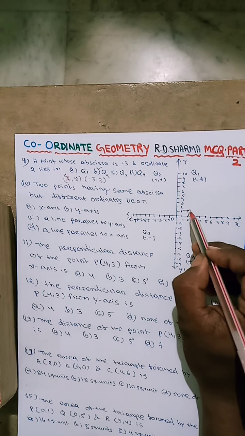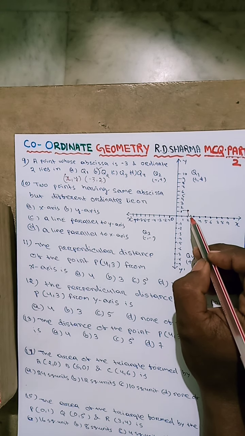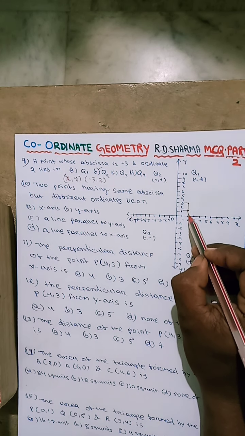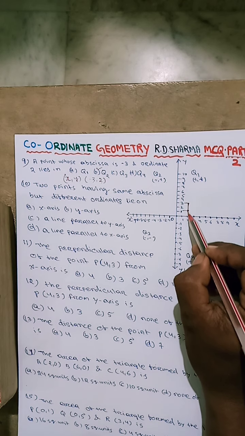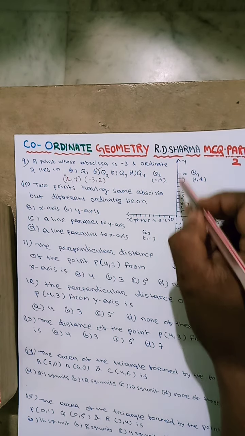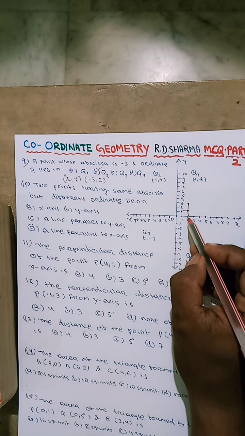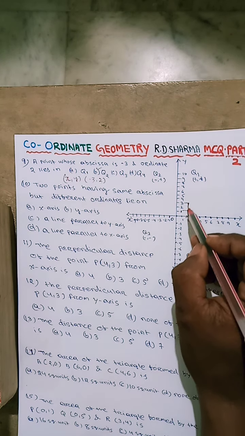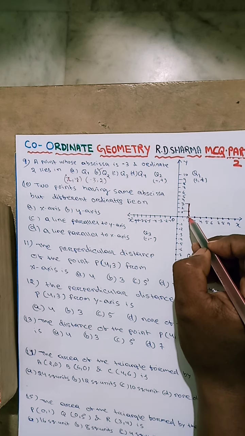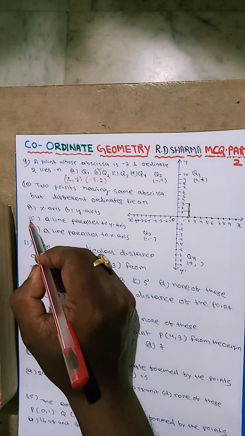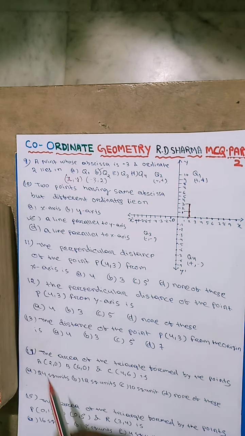And another point with the same abscissa, (2, 3). So this line is parallel to the y-axis. When the abscissa is same and ordinate different, the line is parallel to the y-axis. So option C is right.